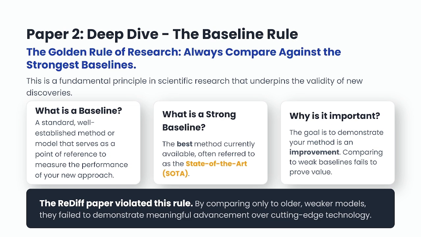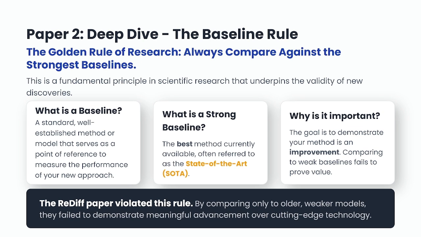Finally, the paper failed what we call the baseline rule of empirical research. When you propose a complex, computationally heavy framework that is supposed to revolutionize how vision language models generate data, you bear a heavy burden of proof. You must prove that your new method outperforms the absolute current state of the art.